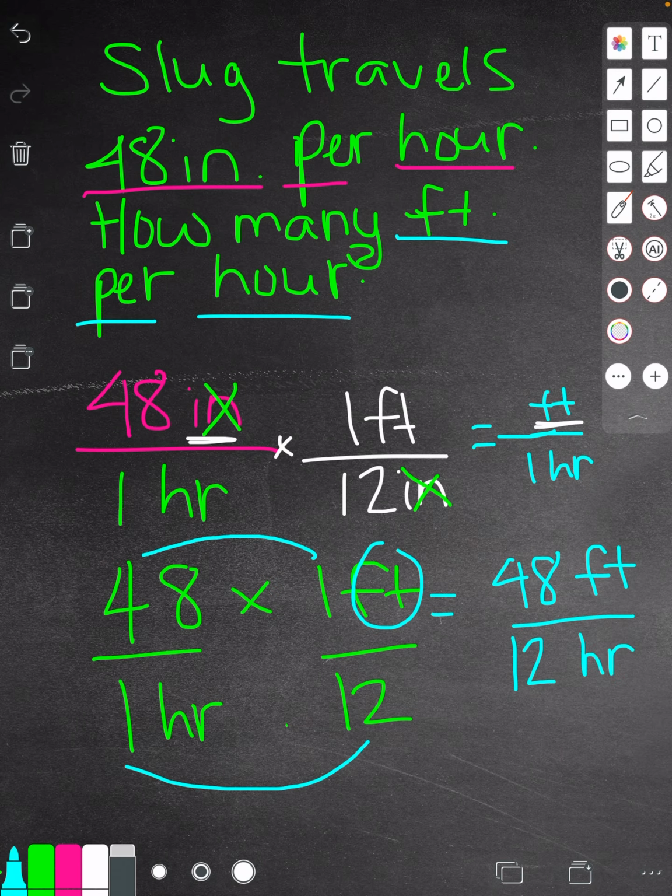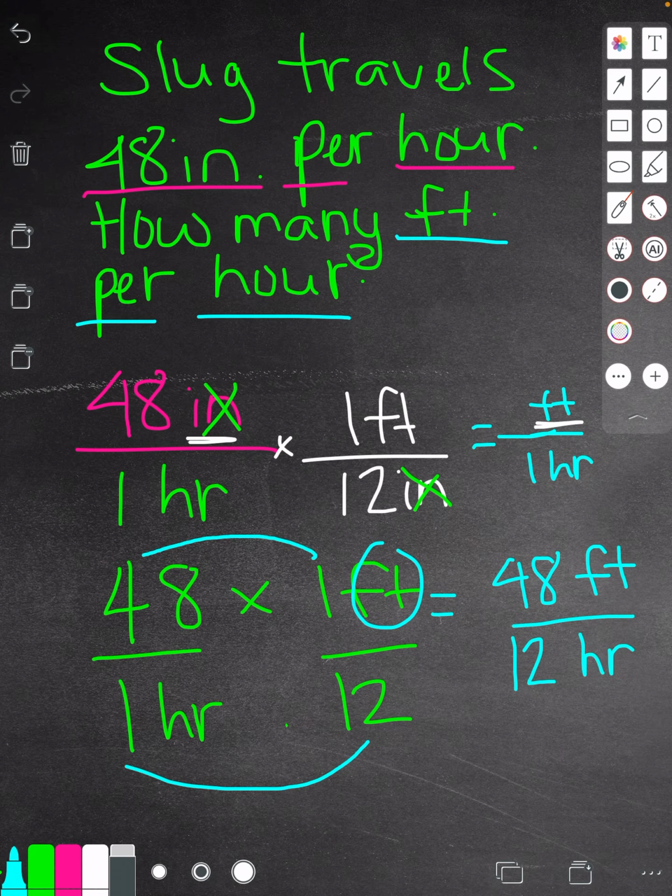This does not give you the unit rate. We want the unit rate having 1 on the bottom. So what we have to do is we have to go ahead and divide. We have 48 over 12, which is the same as an improper fraction, which we always, unless asked not to, are going to simplify. So 48 divided by 12.